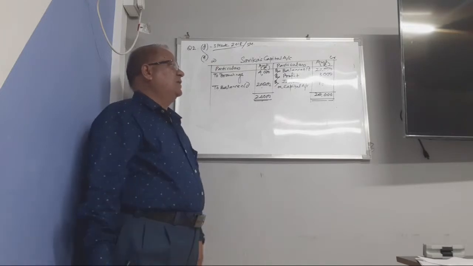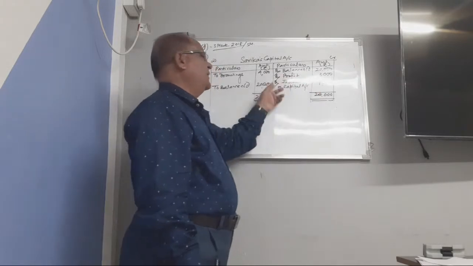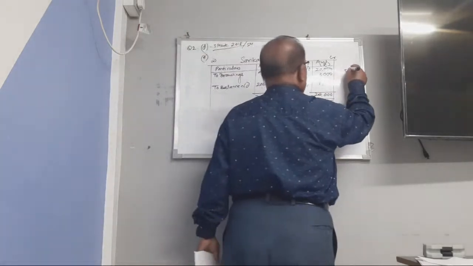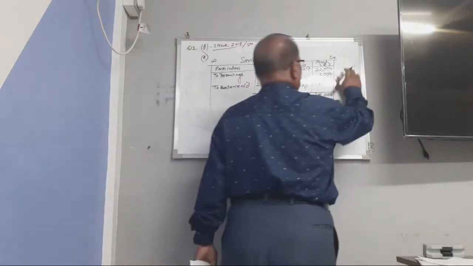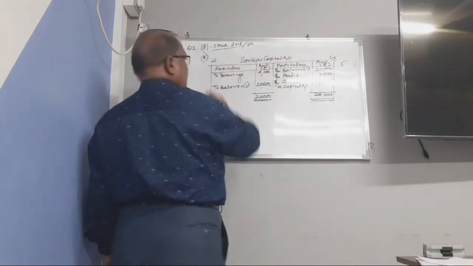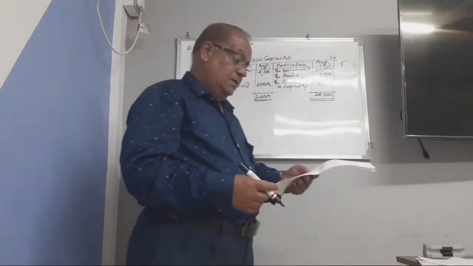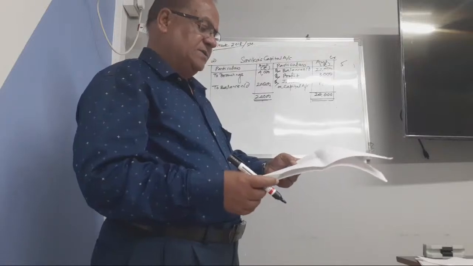For this also it is asked for 5 marks: 1, 2, 3, 4, 5. Each and every item carries 1 mark. Again you will get full marks here, 5. If it is correct, you are allowed 5 marks on this question. So 5 marks.